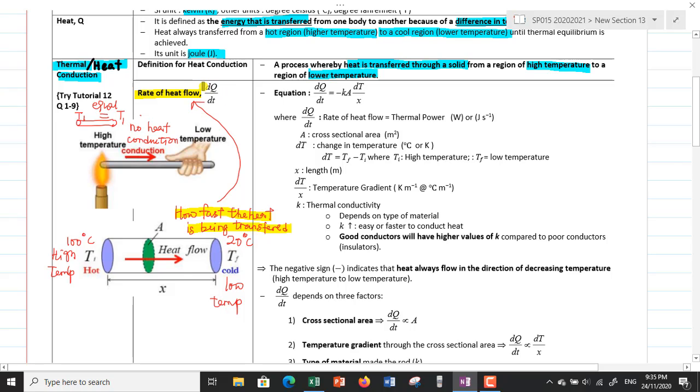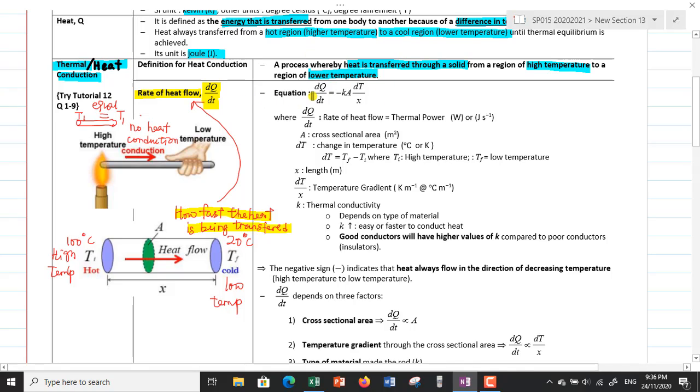It's represented by dQ over dt. You said the heat flows from the high temperature hot end to the cold end, so how fast does it flow? Berapa laju haba tu dipindahkan. That one we call the rate of heat flow.